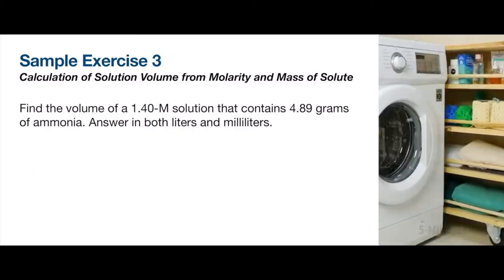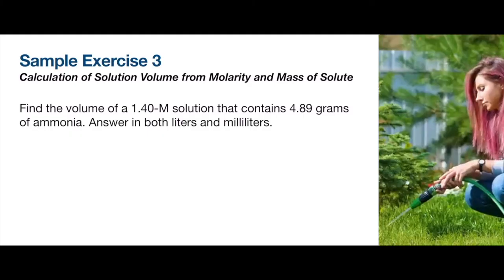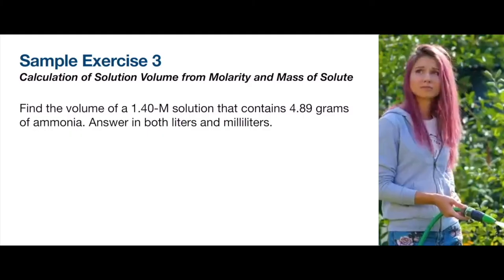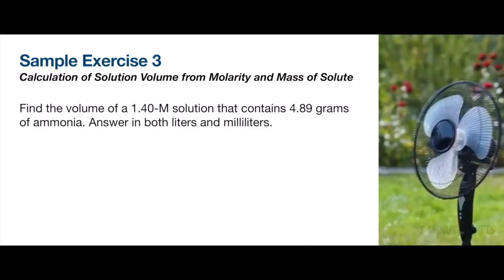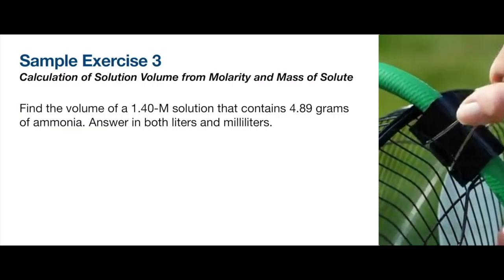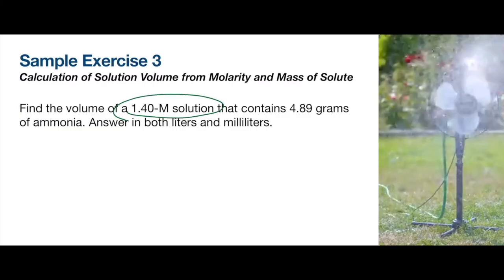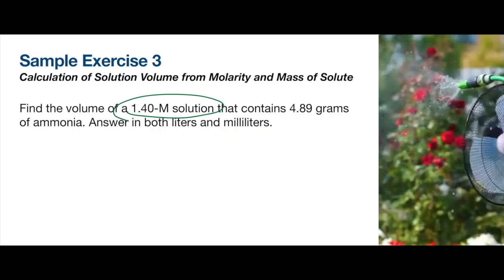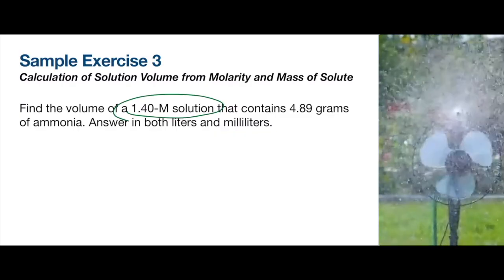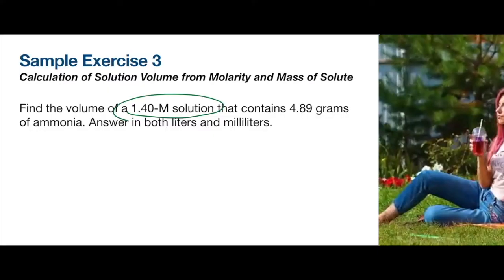Let's have another example. Let's find the volume of a 1.40 molar solution that contains 4.89 grams of ammonia. Answer in both liters and milliliters. And again, when you encounter a molar concentration in a problem, you will automatically think of it as an equivalency or a conversion factor, wherein 1.40 molar can be written as 1.40 moles of solute, which is the ammonia, per 1 liter of solution.